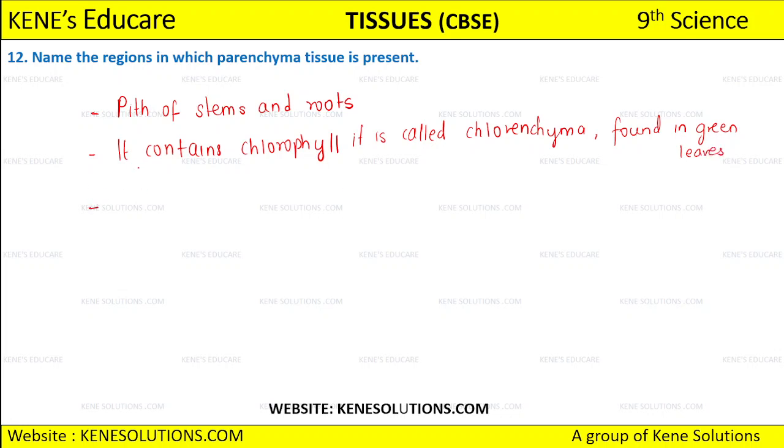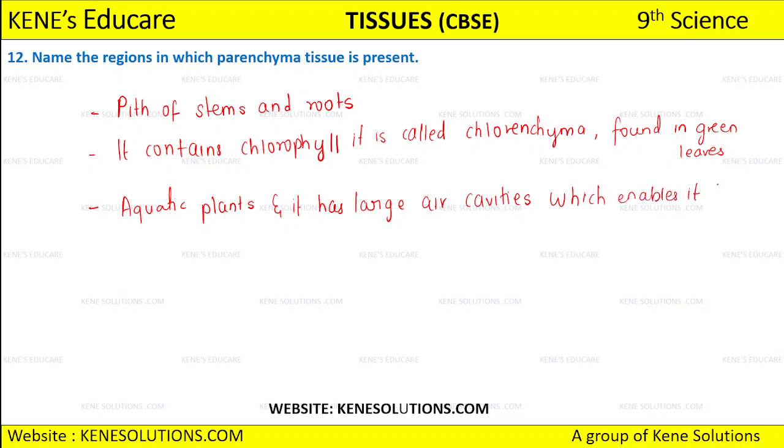And secondly, if this parenchyma is found in aquatic plant and it has large air cavities, then we call it as, what do we call it as?